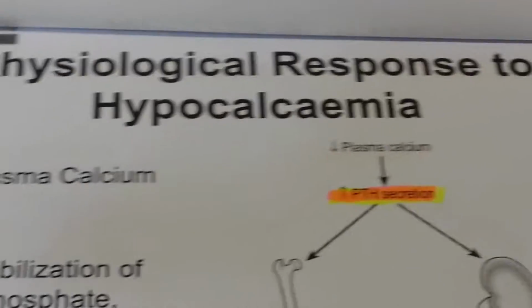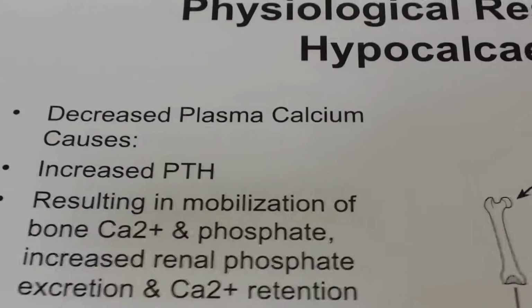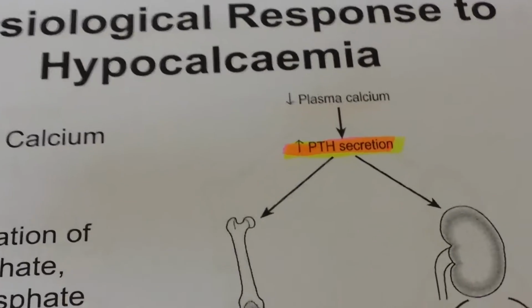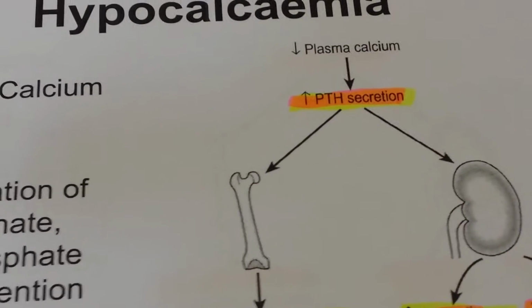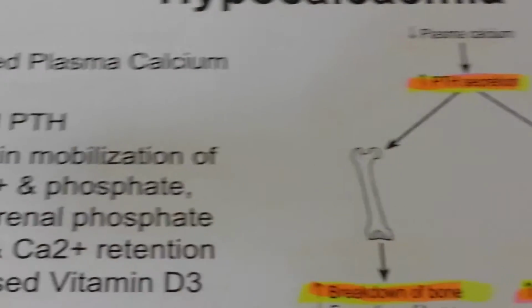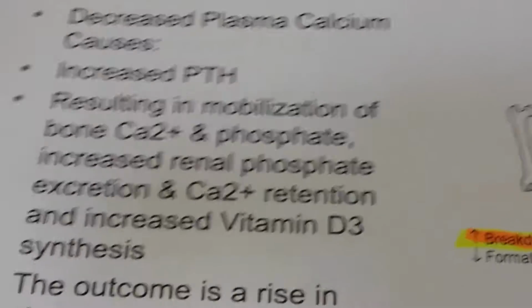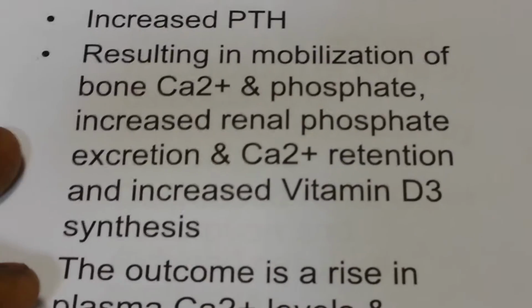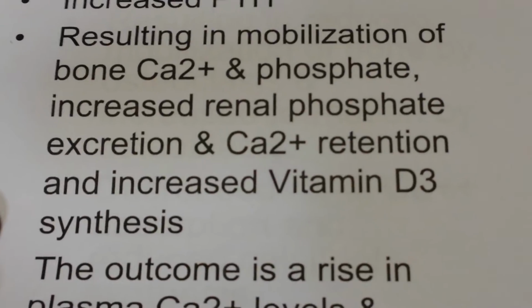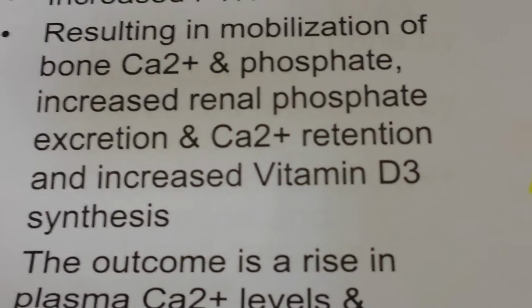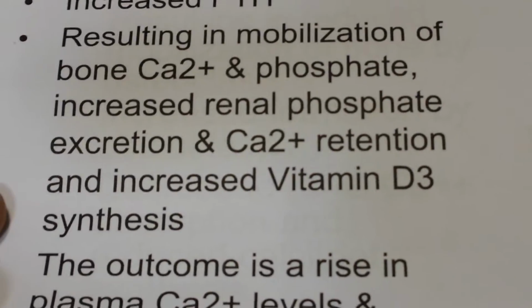Physiological response to hypocalcemia. A decrease in plasma calcium causes an increase in PTH secretion, resulting in the mobilization of bone calcium and phosphate, increased renal phosphate excretion and Ca2+ retention, and increased vitamin D3 synthesis.